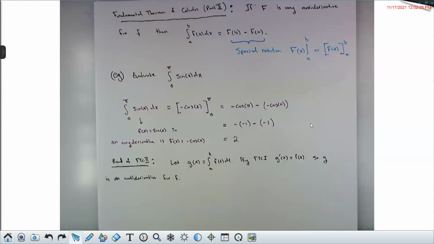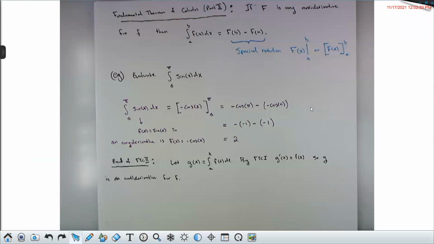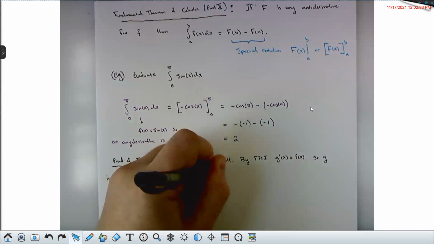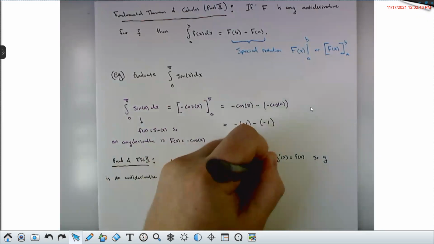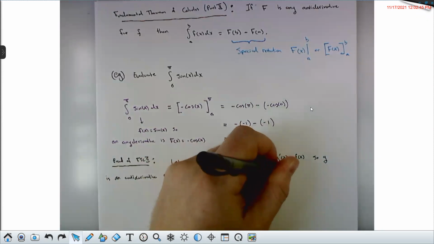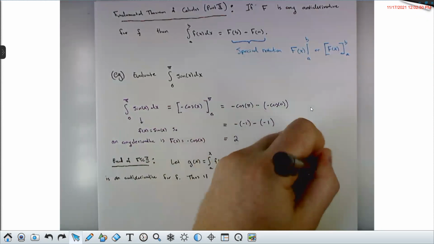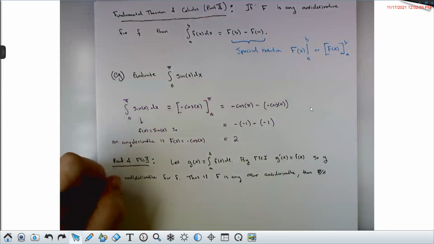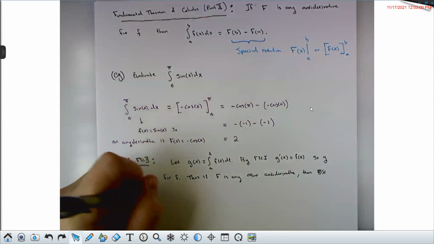And we know that antiderivatives, if you have two different antiderivatives for the same function, they differ by at most a constant. That's all they're saying here. Plus if big F is any other antiderivative, then big F of x is equal to g of x plus some constant.